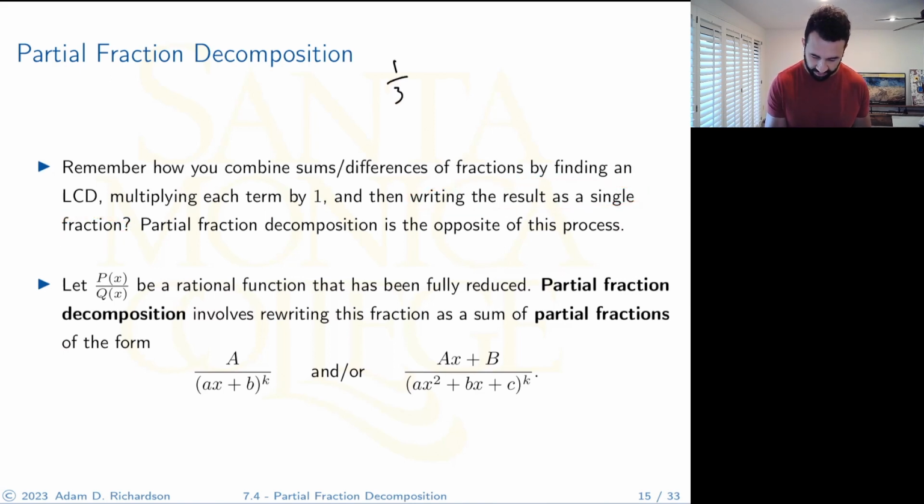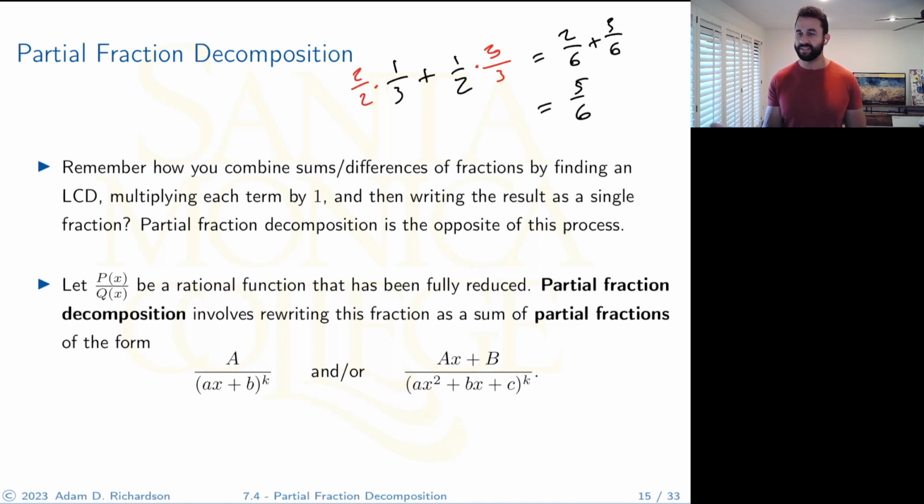If you had to do 1/3 plus 1/2, you would say the least common denominator is 6. So you would multiply 1/3 by 2/2, and you'd multiply 1/2 by 3/3. Then from that, you would get 2/6 plus 3/6, which is 5/6, right? You remember that process, right?